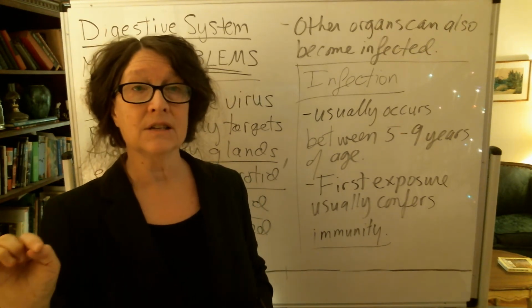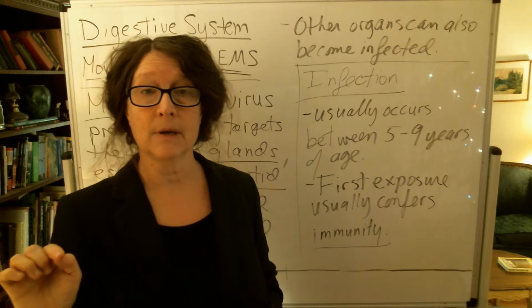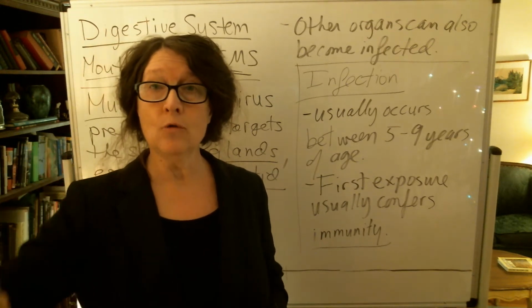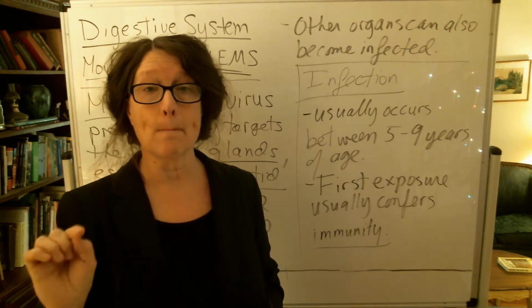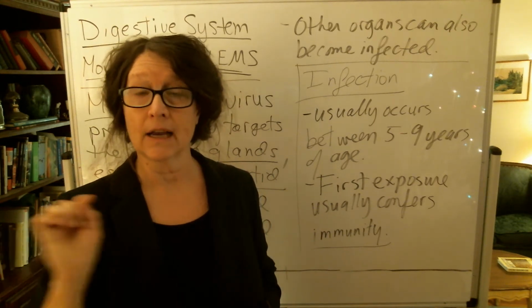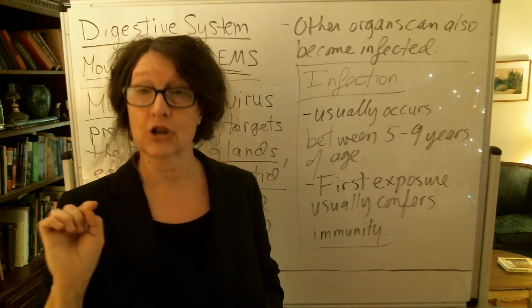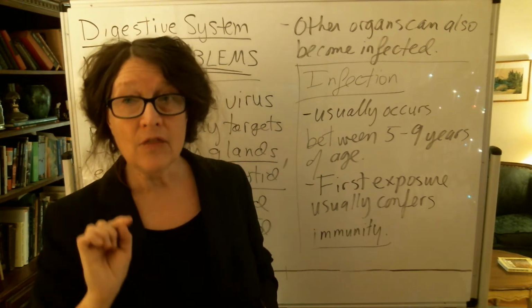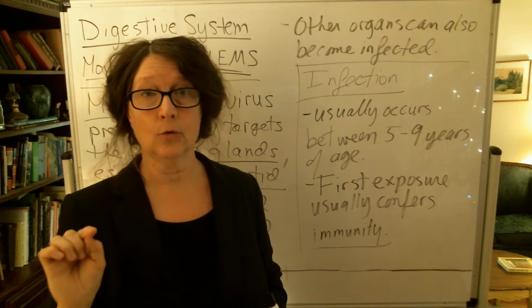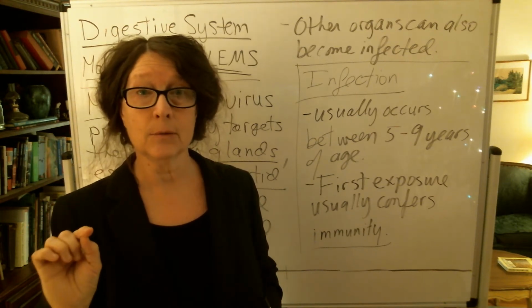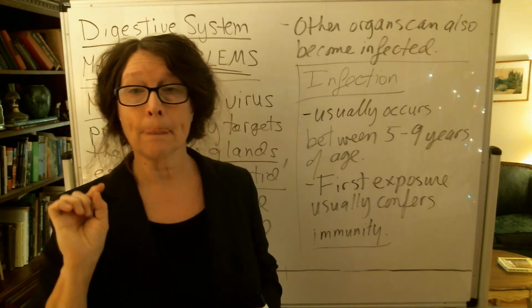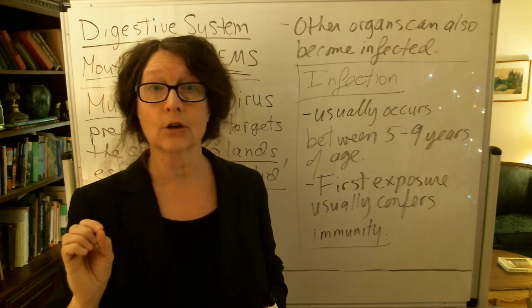But if it does not succeed, if the mumps virus manages to move in and start reproducing, and it reproduces more quickly than your body can knock it out, then you've got an infection and you get sick. Then you have to wait for your specific immune system to kick in. The specific immune system takes a while. And during that time, you're getting sicker and sicker.